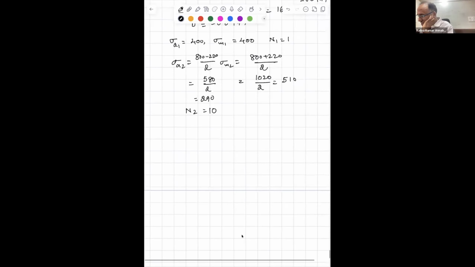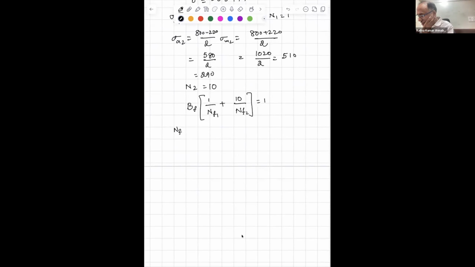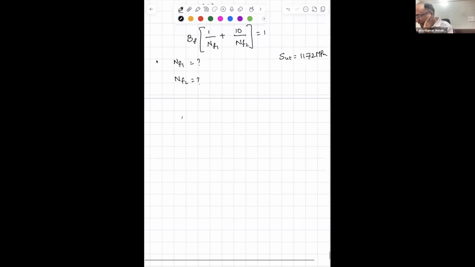All right. Now the question is the number of repetitions: N1 by NF1 plus N2, which is 10, by NF2 is equal to 1. So we need to find out what is NF1 and what is NF2. Now let us look at the ultimate strength of the material. SUT is 1172 MPa. From the Goodman diagram, what can you write?